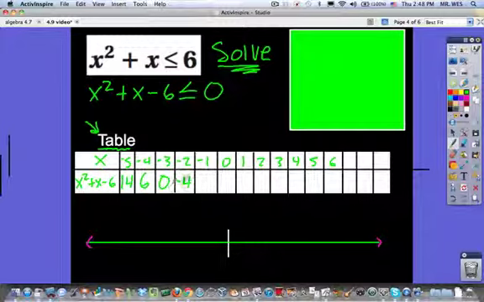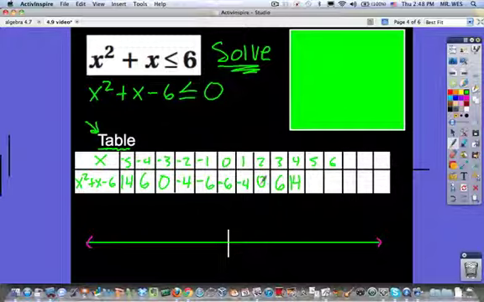Negative 1 gives negative 6, and 0 gives negative 6 as well. 1 gives negative 4, 2 gives 0, 3 gives 6, and 4 gives 14.